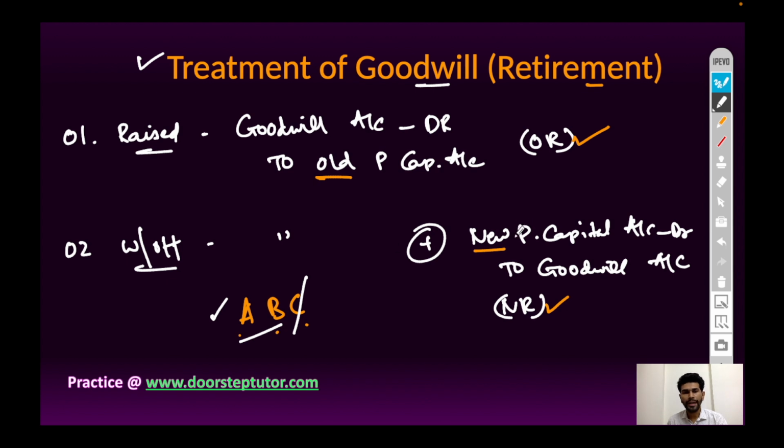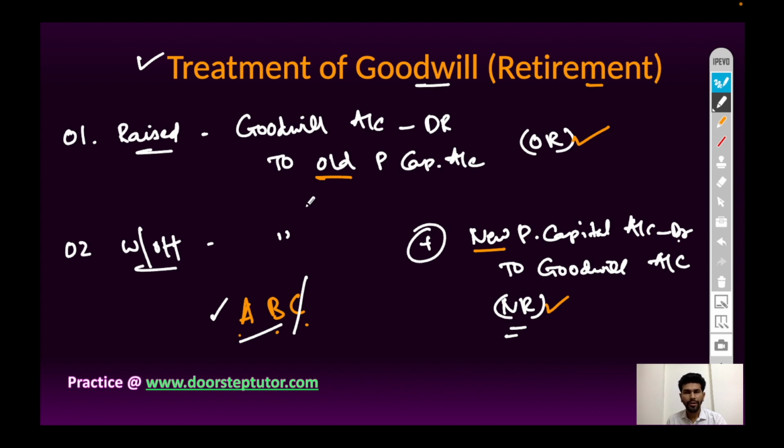So, at the time of write-off of goodwill, the journal entry will be new partners' capital accounts debit, that is A and B capital accounts debit to goodwill account, and the amount will be distributed in new ratio.